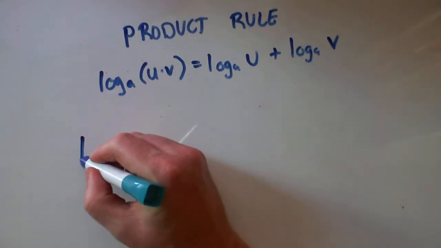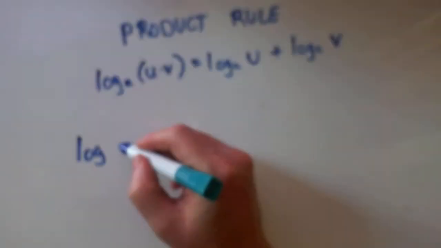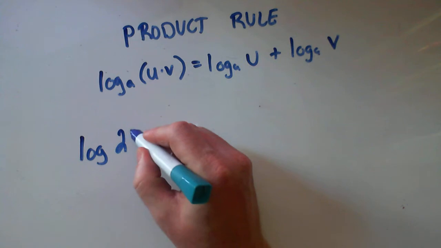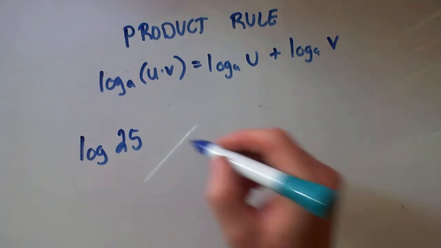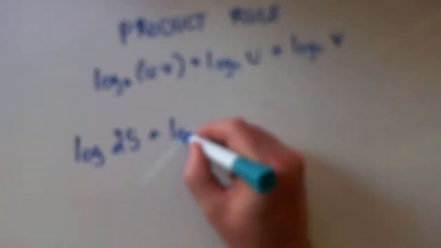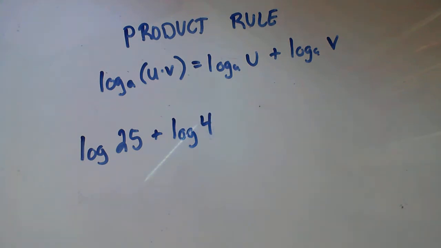Let's say I had log of 25 plus log of 4. So remember, this is base 10.